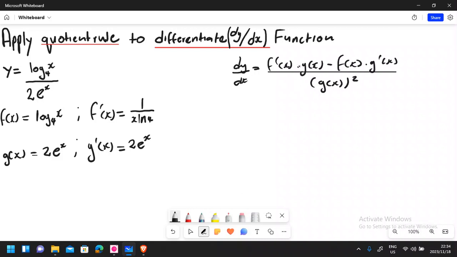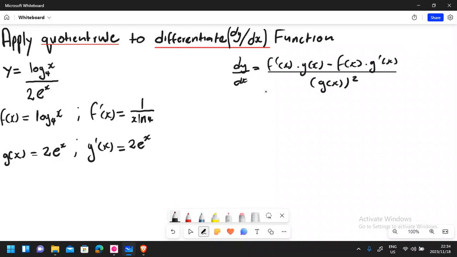Guys, this is the formula for the quotient rule. Again, if you don't understand how it came about or the application, go to this video that's going to pop up there and watch that video. I do explain how this formula works and its application as well.